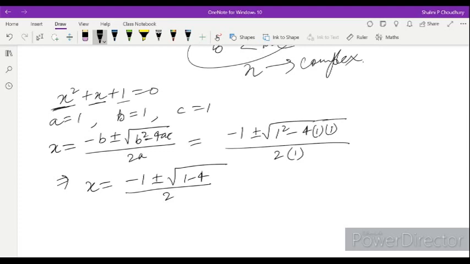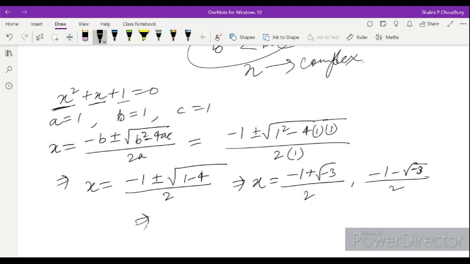Okay, it means x will be minus 1 plus square root of minus 3 divided by 2, and minus 1 minus square root of minus 3 divided by 2. Okay, it means x will be equal to minus 1 plus i root 3 divided by 2 and minus 1 minus i root 3 divided by 2.